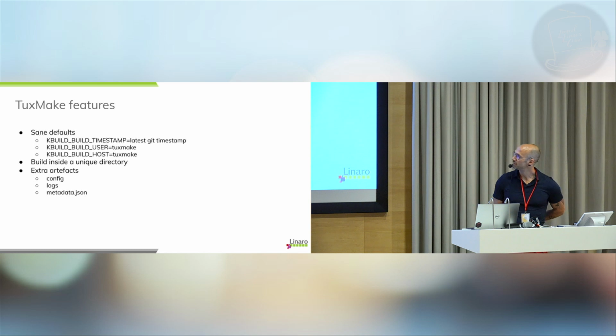We have some extra artifacts like the produced config file, logs, and in the metadata file you have all the tool versions that are used to do this build, plus the container digest and timestamp and so on.